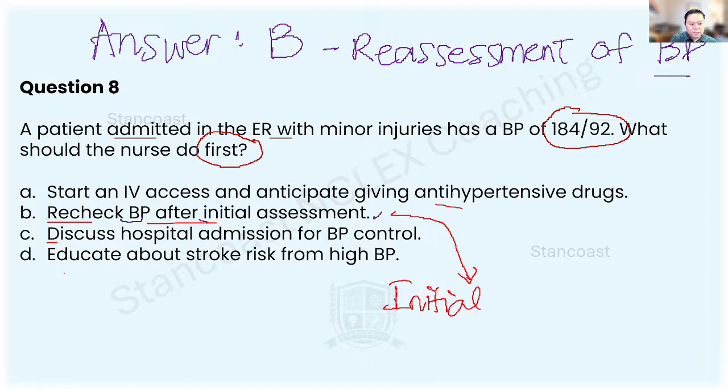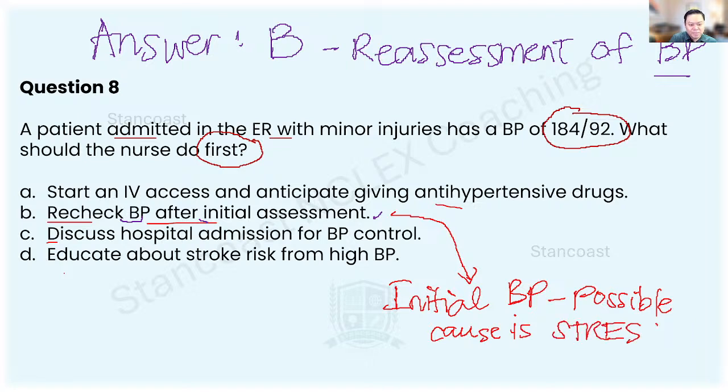Initial BP, possible cause is stress. Just being in the hospital is already stressful. Yeah, trust me. I don't want to be in a hospital. I've never been admitted in the hospital, and I don't want to be admitted.